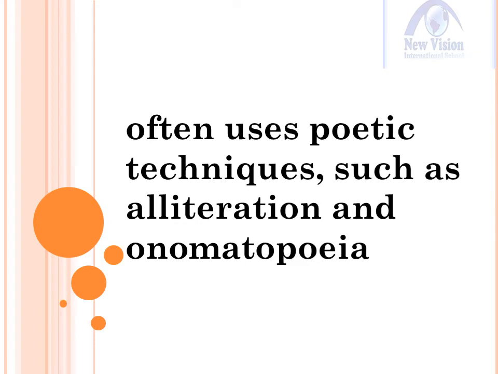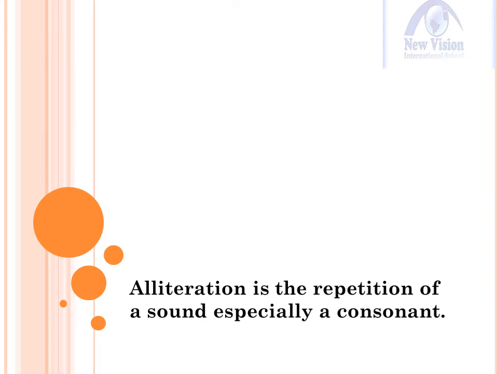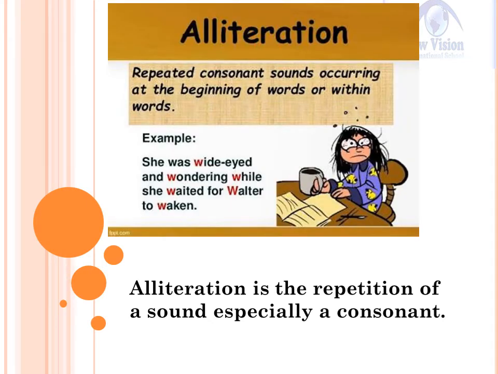The next key feature is that a rhyming poem often uses poetic techniques such as alliteration and onomatopoeia. Alliteration is the repetition of a sound, especially a consonant. Or it simply means repeated consonant sounds occurring at the beginning of words or within words.